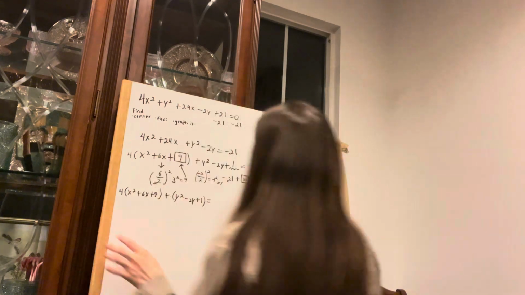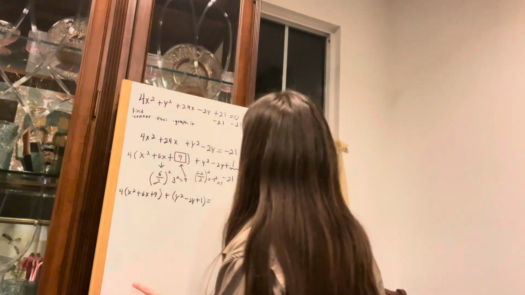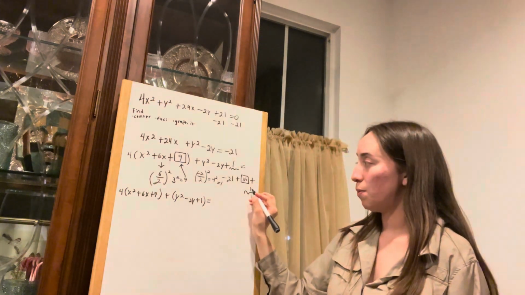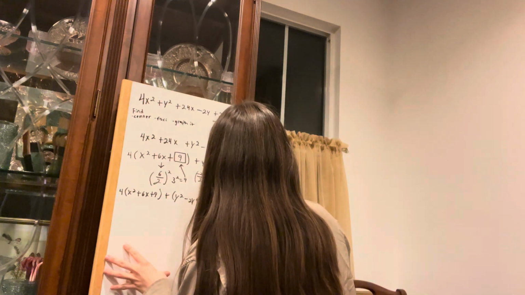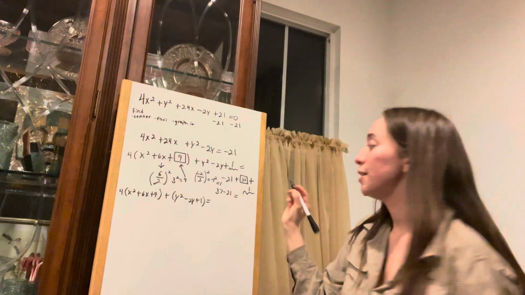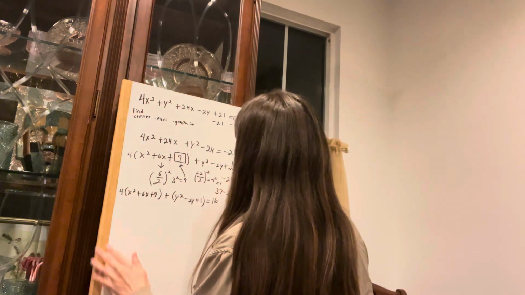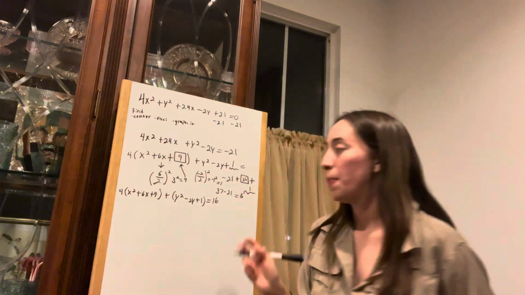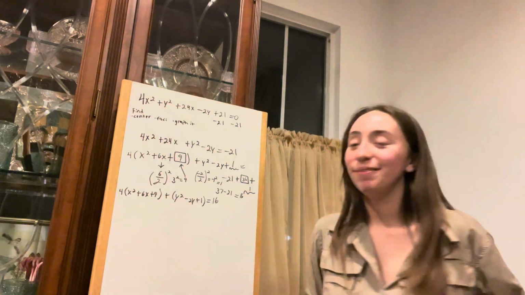Okay, so I can already make this simpler and put 36 plus 1, which is 37, minus 21, which equals a positive 16. So I can put that down here already. Okay, so this is our more simplified equation.